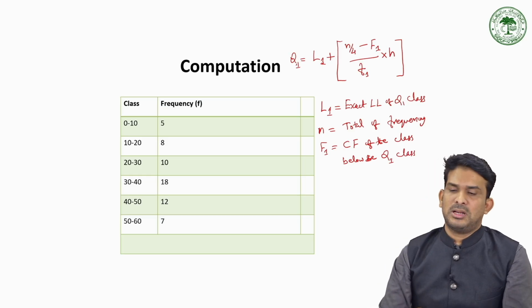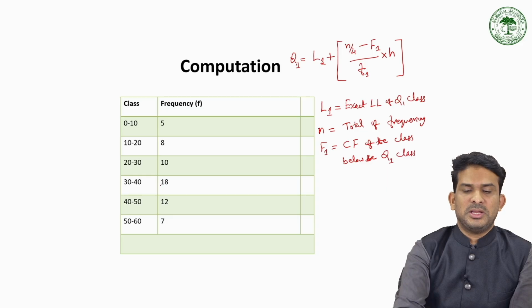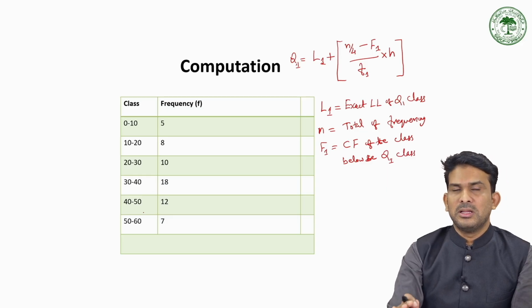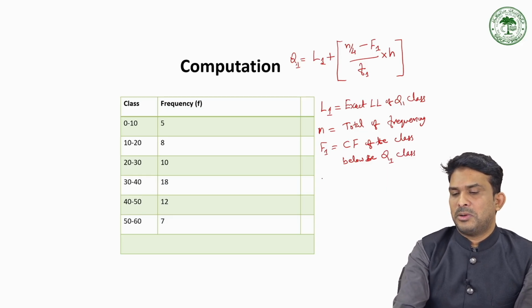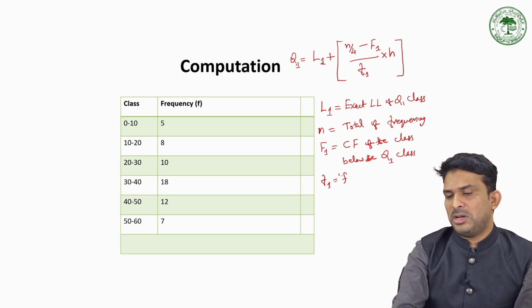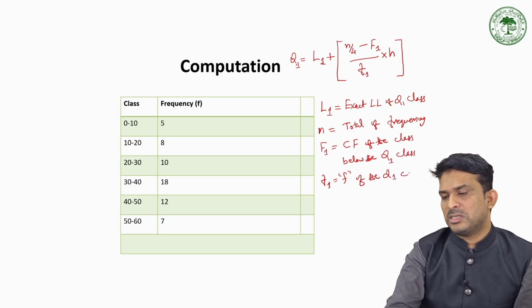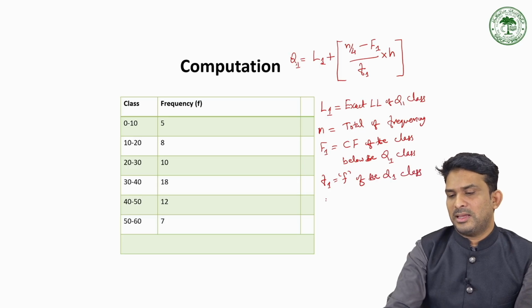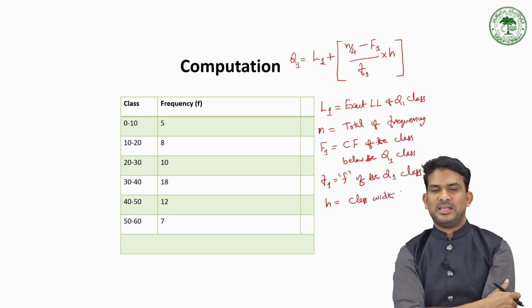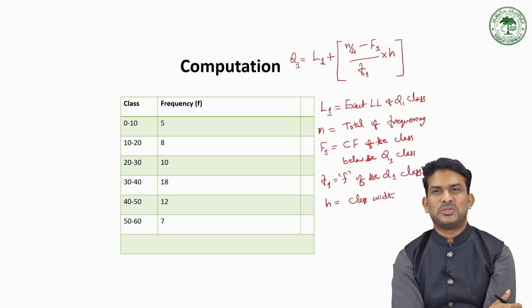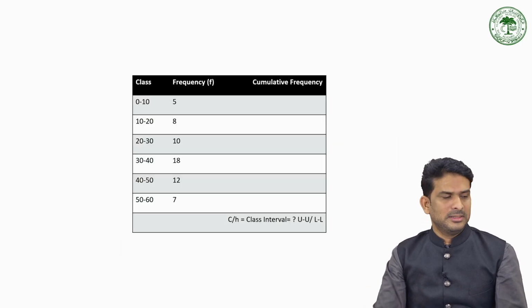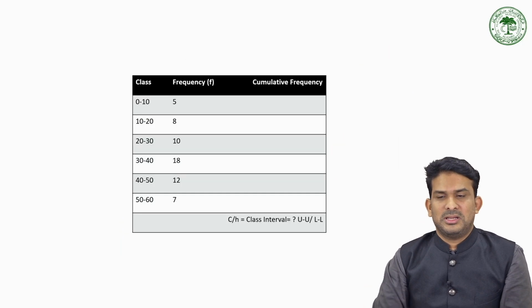It will always be the smaller class. Don't take that if it is median class, it is below. No, it is about the smaller class I talk about. Small f1 is the corresponding frequency of the Q1 class. Again we have h. This is class width or class interval. Everything is clear. You got clarity, right? Now we are coming to computation.